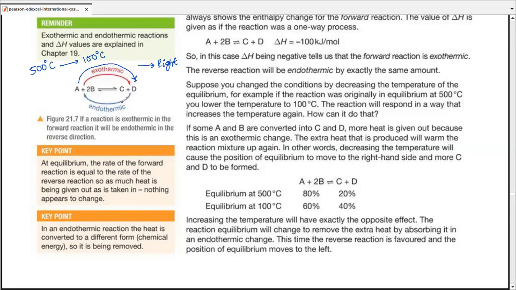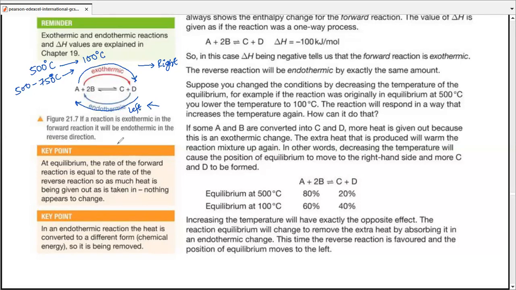Yes. Good, good. Let's say if it was 500 degrees centigrade and we increased it up to 750 degrees centigrade, what would the system do? The system would instead follow the path for endothermic change. And this time it would go for an equilibrium shifted towards the left.